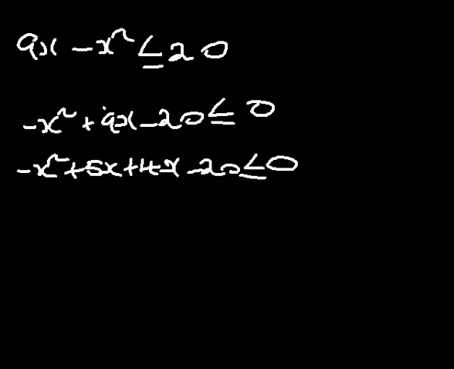Mind you, you should familiarize yourself with how to solve quadratic equations using the factor method. So now have it as negative x, and that of plus 5, and now a plus 4.